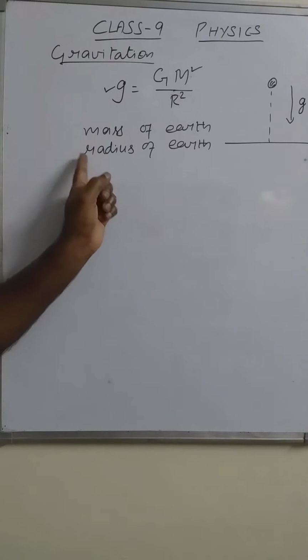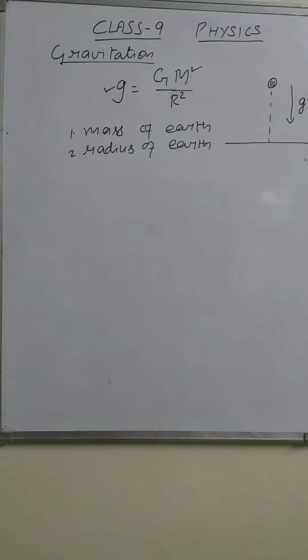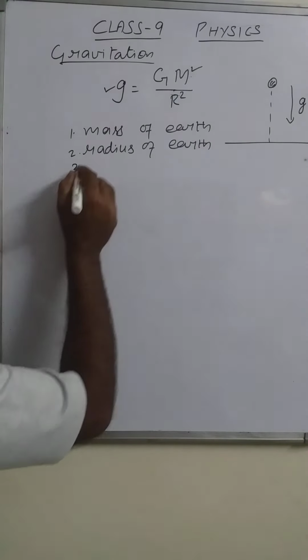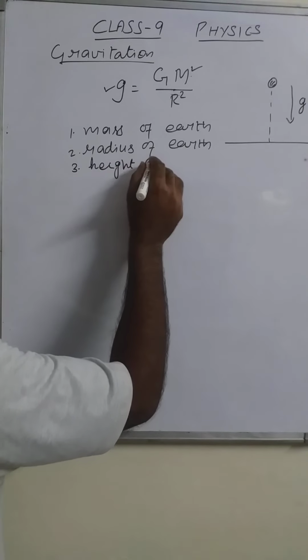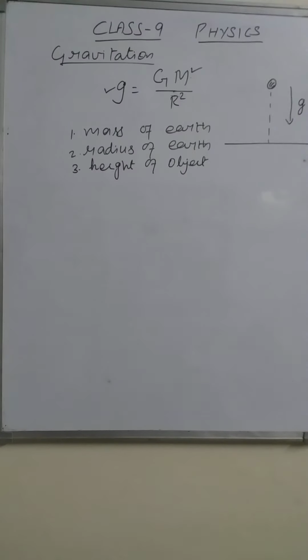That acceleration due to gravity depends on mass, radius, and also on other factors. It also depends on the height of the object from where it is dropped.